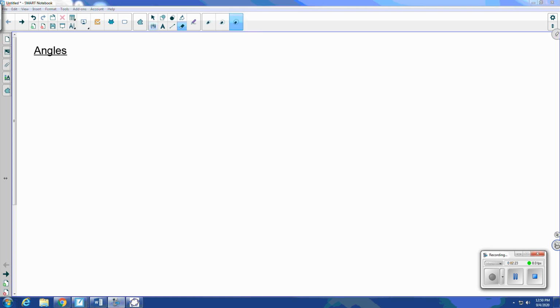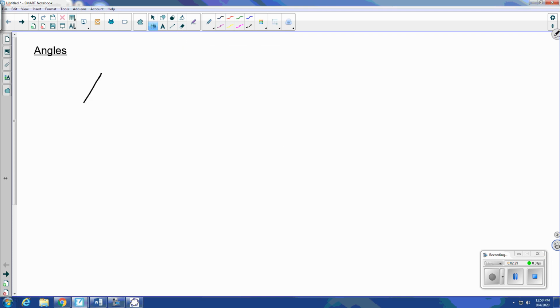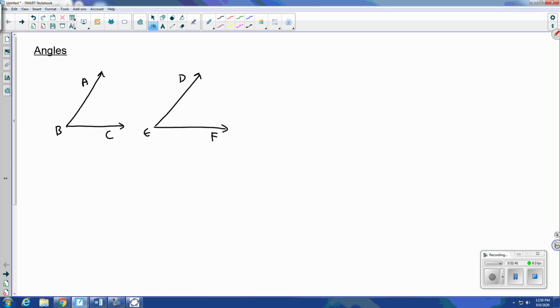Now, if we are told 2 angles are congruent, then we know things about their measure. So if I draw 2 congruent angles to the best of my ability, let's call this A, B, C, and this D, E, F. One way we can be told that these angles are congruent is if you see arcs in the angle.